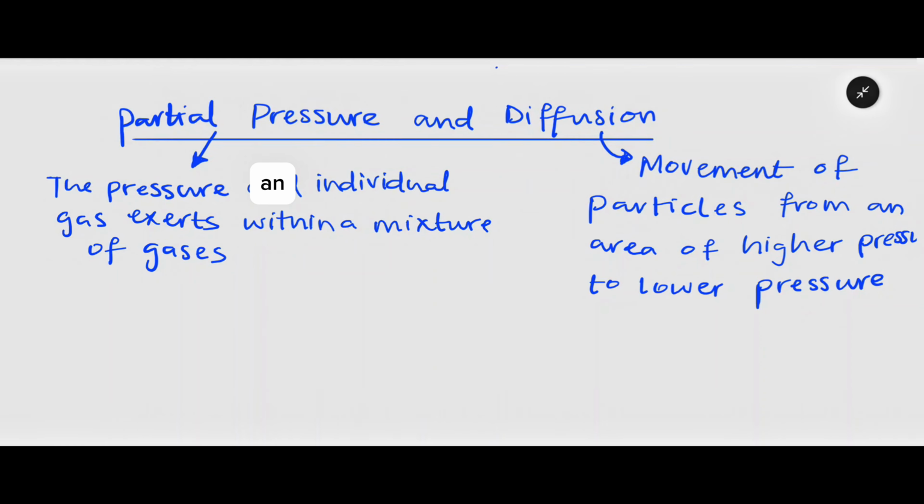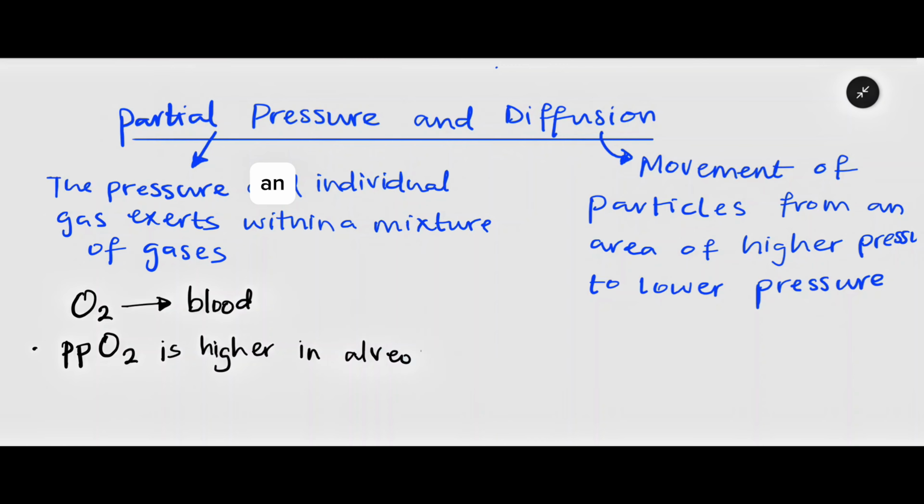These two concepts tie very well into the movement of oxygen and carbon dioxide, because the reason why oxygen, say O2, moves into the blood is because the partial pressure, we're going to denote that as ppO2, the partial pressure of oxygen is higher in the alveoli than in the blood that arrives at the lungs, and the blood that arrives at the lungs lacks oxygen, so we call it deoxygenated blood.